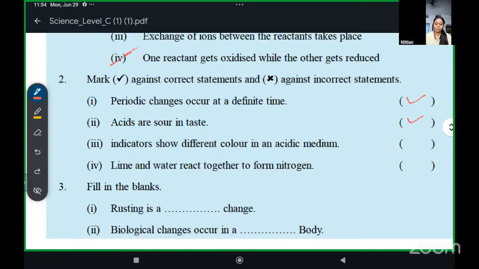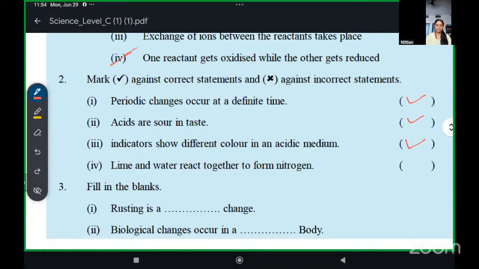Indicators show different color in an acidic medium. True or false? Ma'am, false. No, this is true. Indicators, when you put them in an acidic substance, they tend to change color.